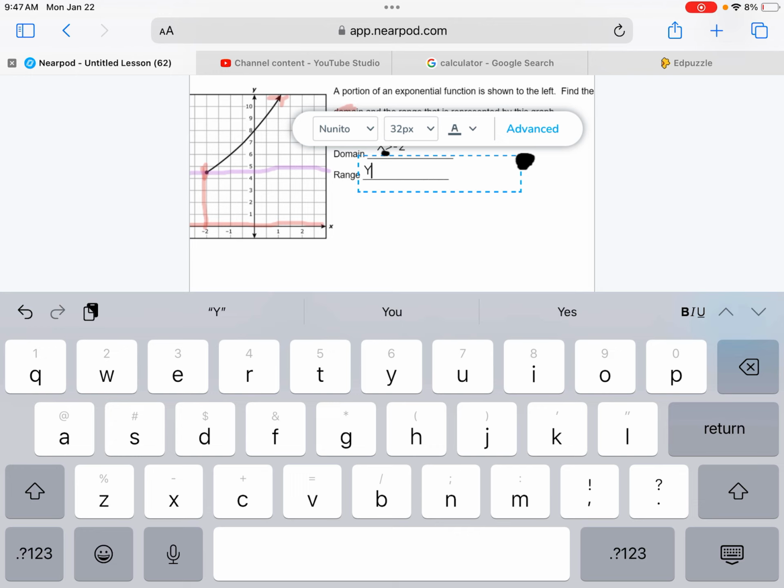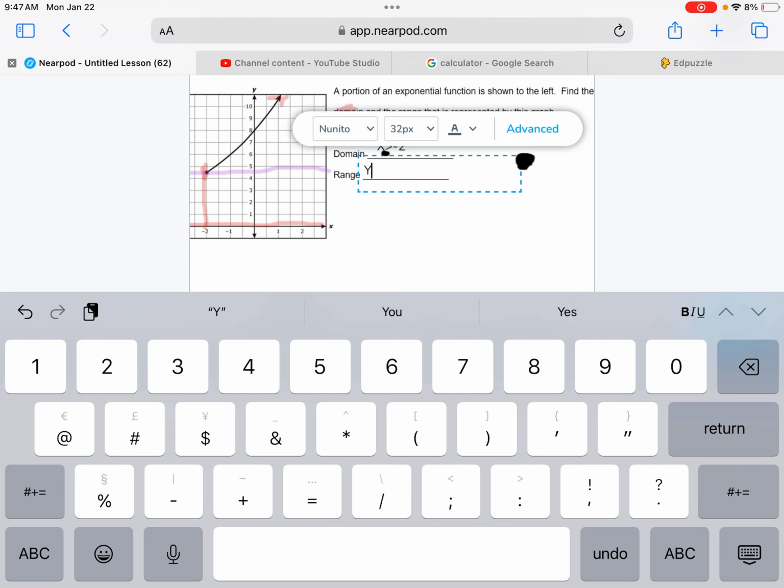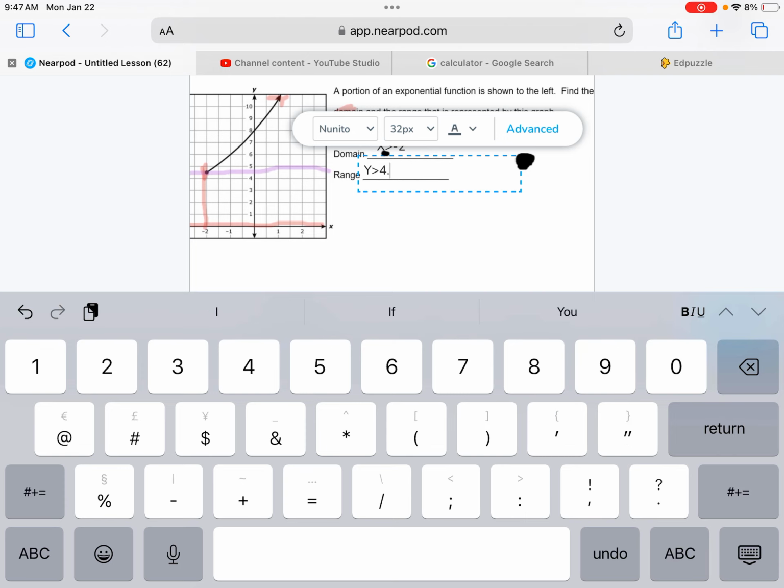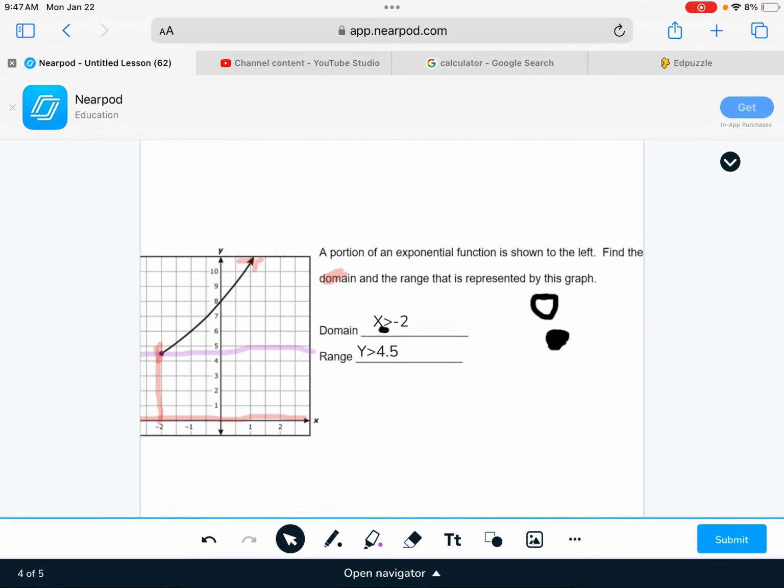And if you look at those numbers, they are again the ones that are bigger than it, okay? So it's greater than the 4.5. The question is, is 4.5 included with that answer or not? And in this case, because that circle is on it, yes, it is greater than or equal to, where any number that is greater than or equal to 4.5 will eventually be included inside this graph.